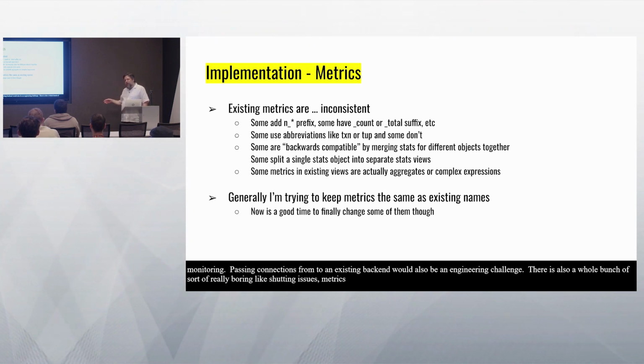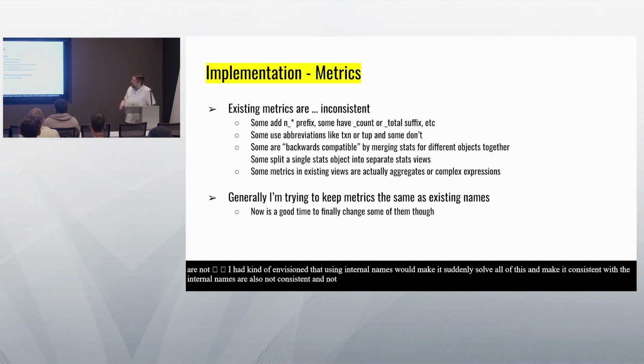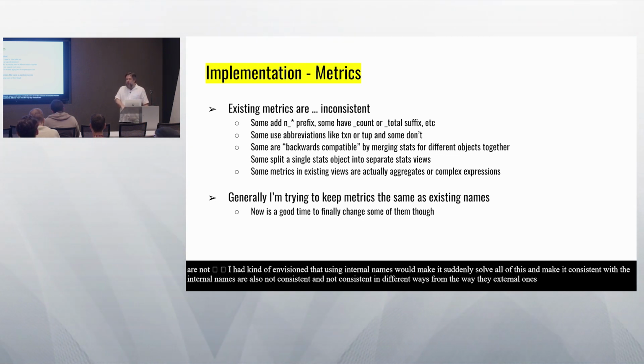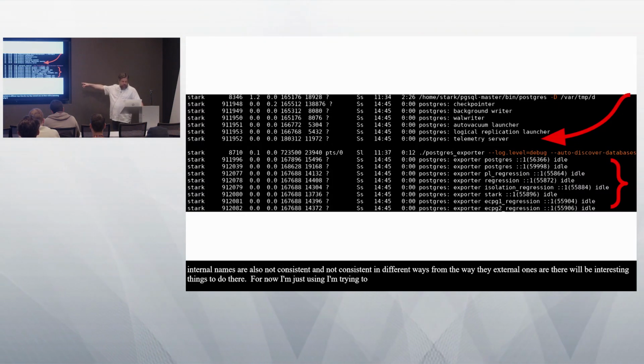I had envisioned that using the internal names would solve all this and make it all consistent, but the internal names are also not consistent, and in different ways from the external ones. So there will be interesting things to do there. For now, I'm trying to make them more or less backwards compatible, but it is a good time to clean up some of that.